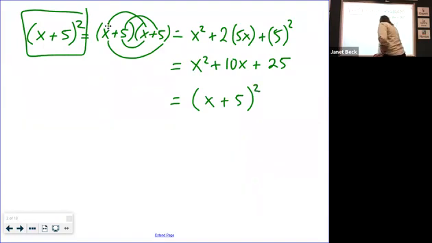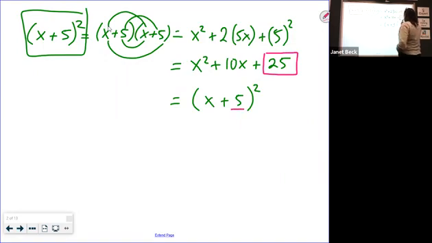So when we're completing the square, we're just given the x squared plus 10x, and we're having to work out what we are adding. And when in factored form, what number do we have here? It all comes from this. And this number was 2 times 5 times x.